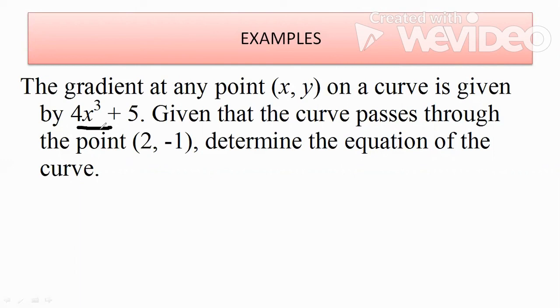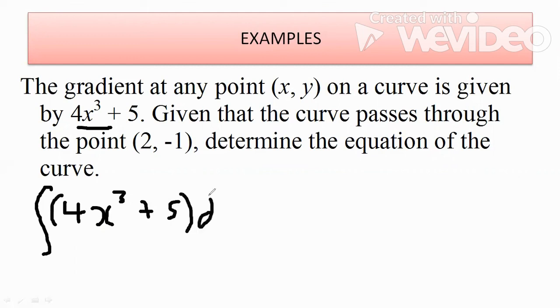So we're going to have to integrate that: the integral of 4x cubed plus 5 dx. If you integrate that, 3 plus 1 is 4, reciprocate the 4, we get 1 over 4. 4 times a quarter is just 1.